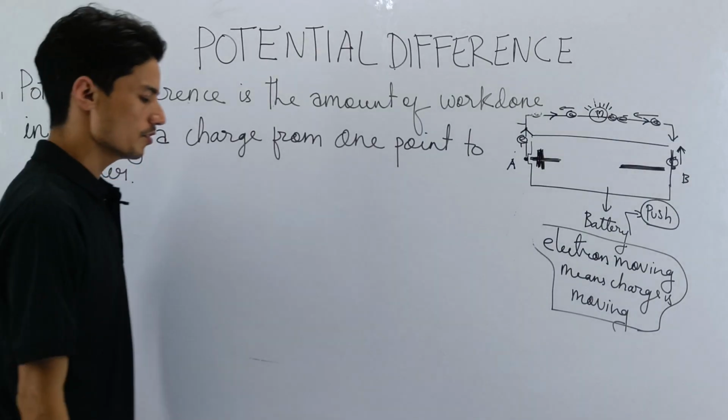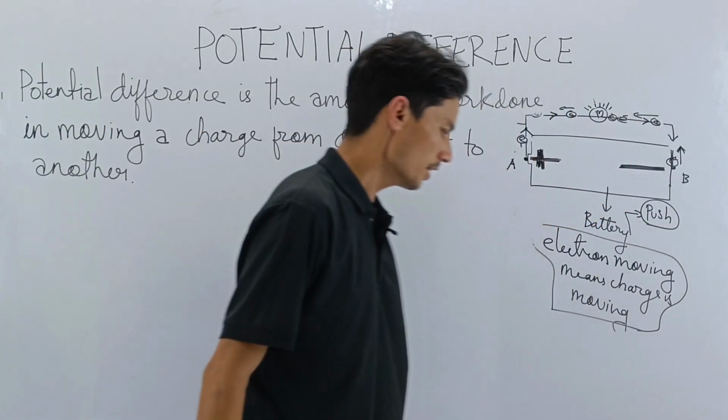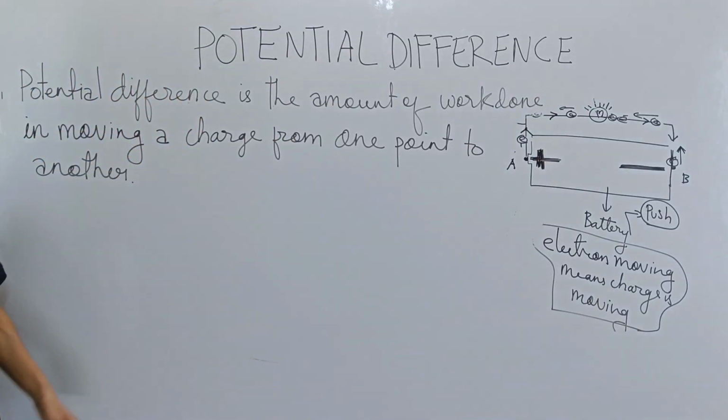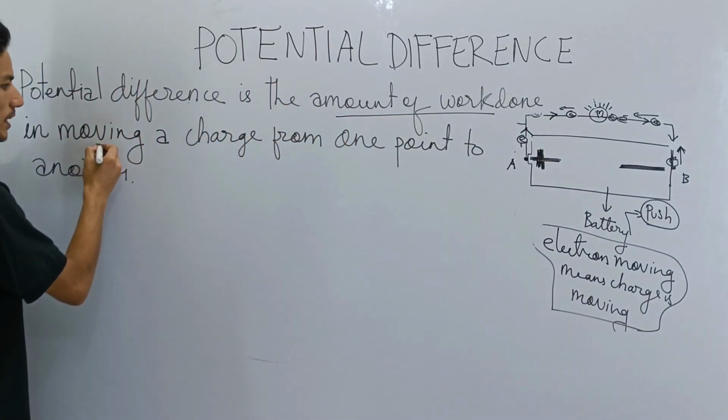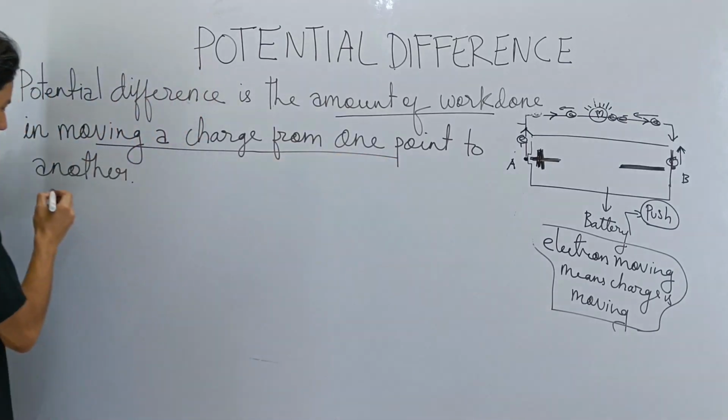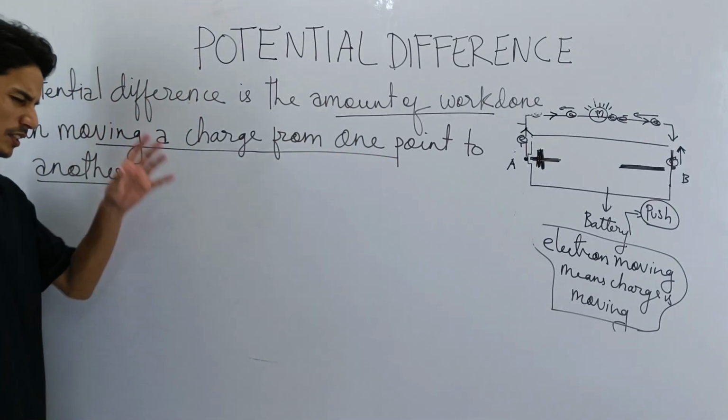So this is the definition of potential difference. Okay, my dear students, potential difference is the amount of work done in moving a charge from one point to another. Now this is very easy.